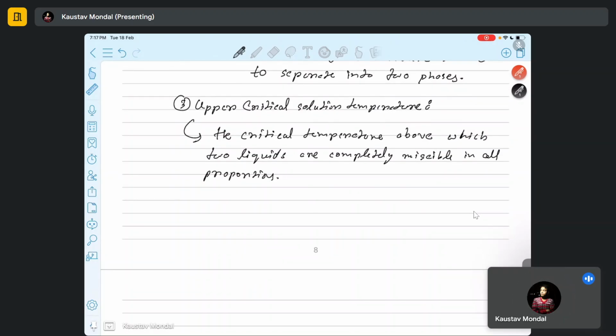Similarly, there is another concept called the lower critical solution temperature. What does this mean?